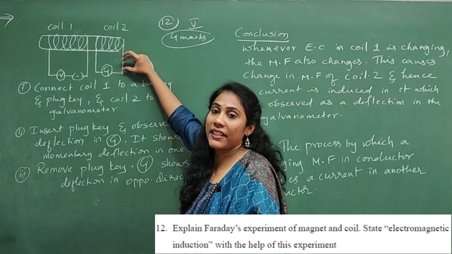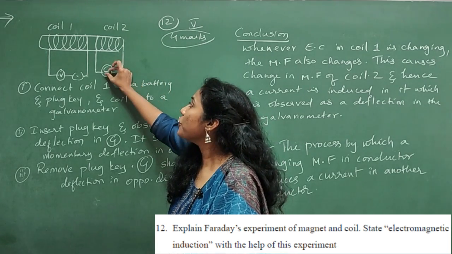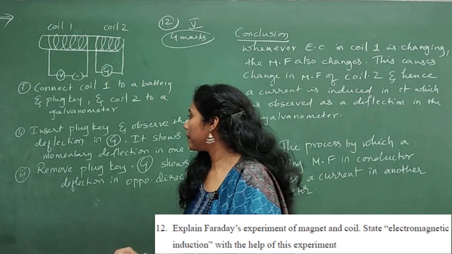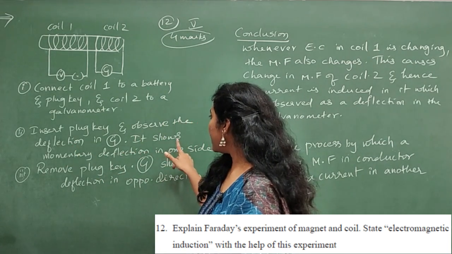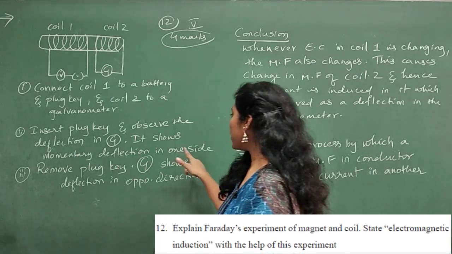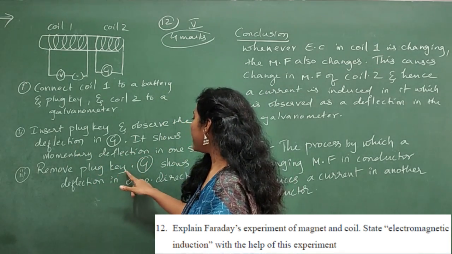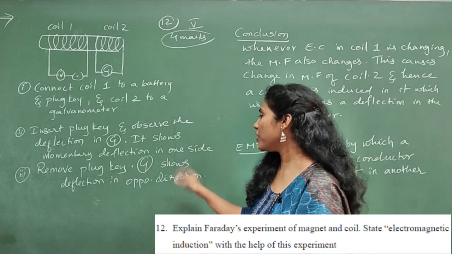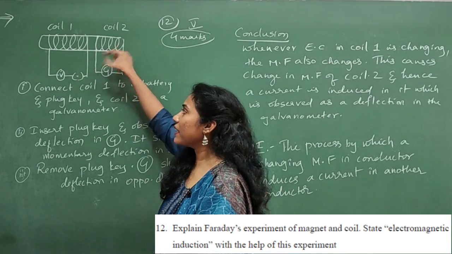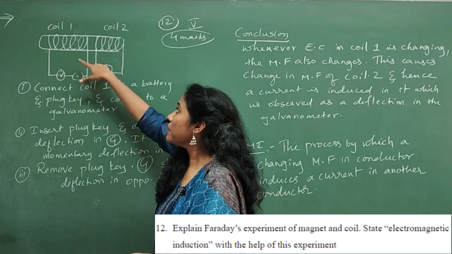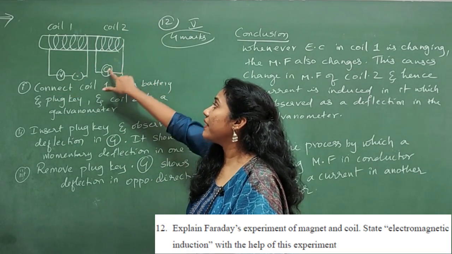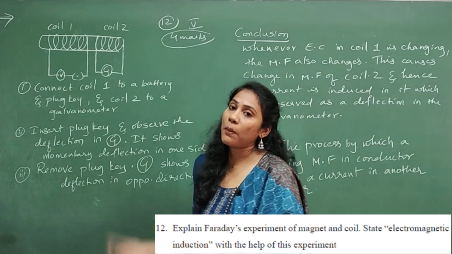So producing current, generating current, that's the reason you will observe deflection in the galvanometer, right? Fine. So this shows momentary deflection on one side. Remove the plug key, and the galvanometer shows deflection in the opposite direction. If you remove the plug key, again the current changes, that changes the magnetic field, and that change in magnetic field again induces a current. So you see a deflection in the opposite direction.